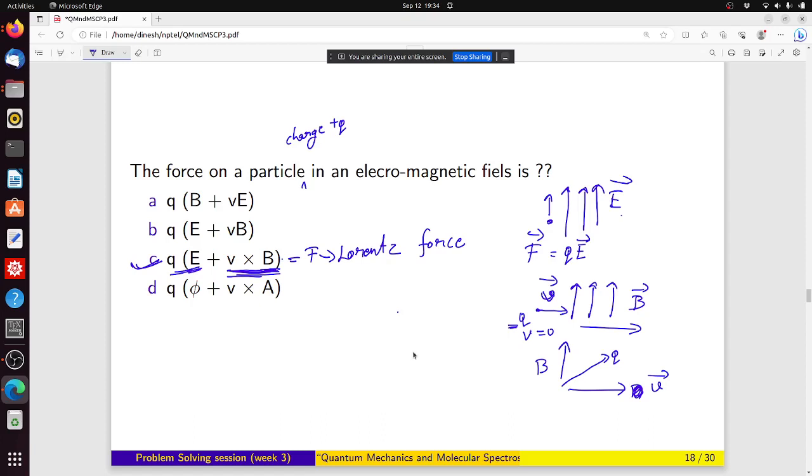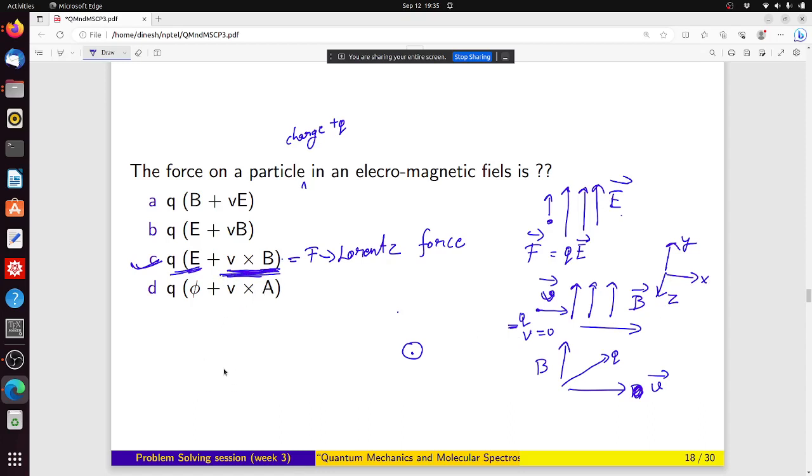It will come out of this paper. If B is in the y direction and this velocity is in the x direction, the resultant motion will be in the z direction, because there is a cross product.